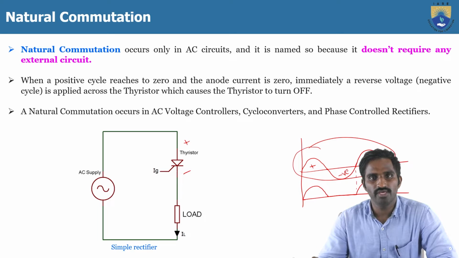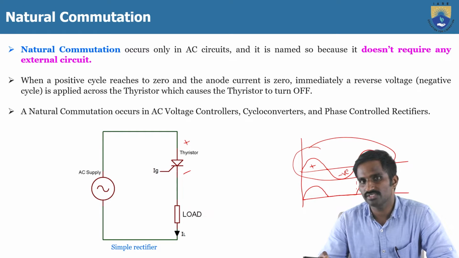Usually, where do we use natural commutation? We have already discussed the different types of converters. Any converter having an AC input supply can use natural commutation.